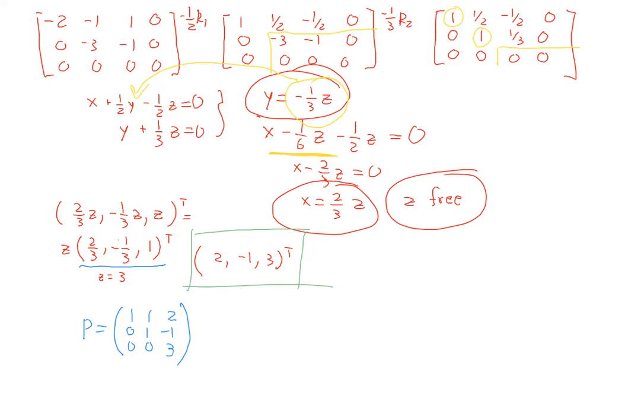It's not a problem if you chose this eigenvector, 2/3, negative 1/3, 1. I'm just going to get a matrix P that has integral entries. I'm going to pay the price later, meaning when I find P to the negative 1, that is going to have denominators.